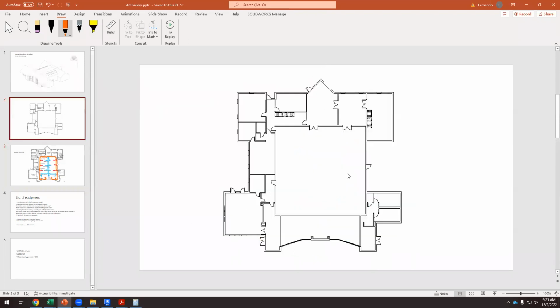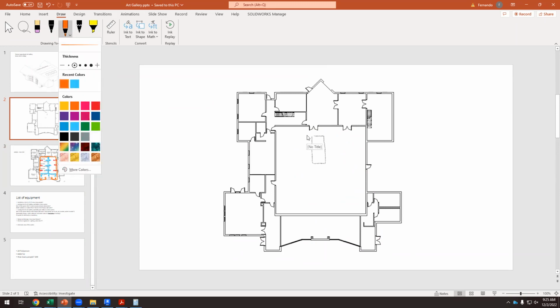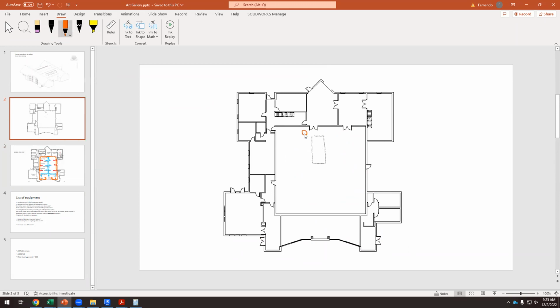What about the roof plan? If this is the roof plan, I'm going to need the air handling unit here. And the air handling unit, I have to connect the supply. I don't know if I have the return or the supply here, and then I have the return of the supply there.